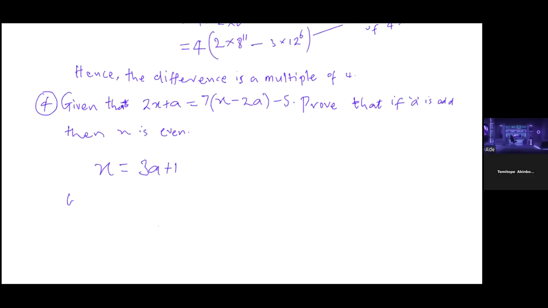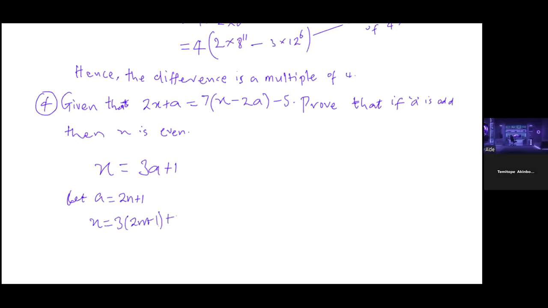I can let a equal 2n plus 1. Do you agree with that? Yes, sir. From the fact that we have looked at, 2n plus 1 is odd. So it means that x equals 3 into 2n plus 1, plus 1.